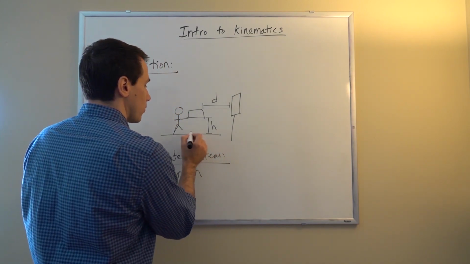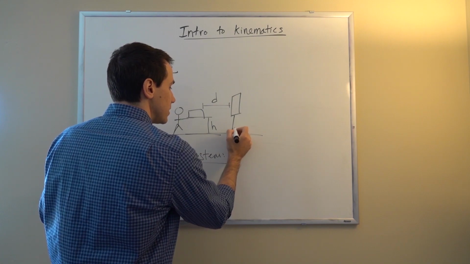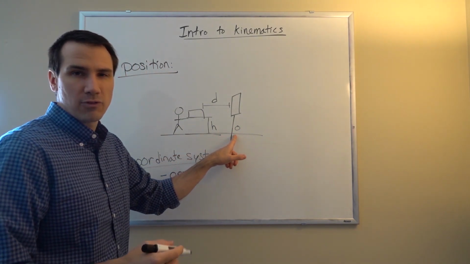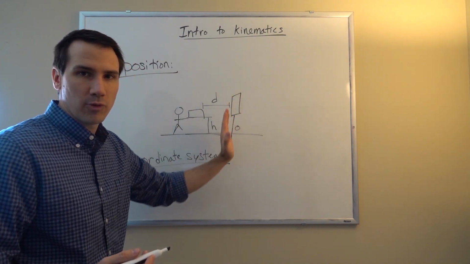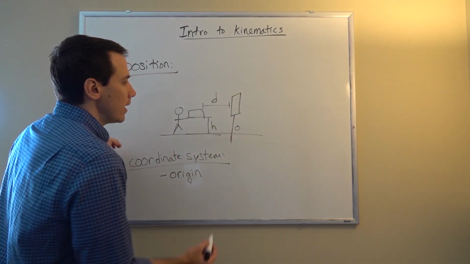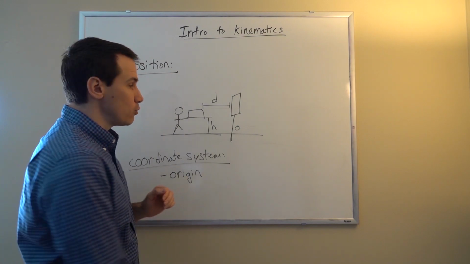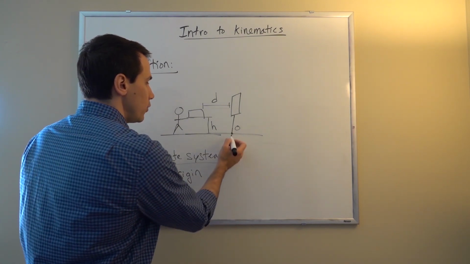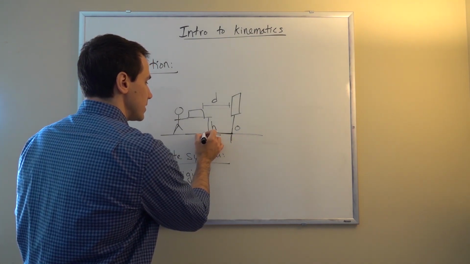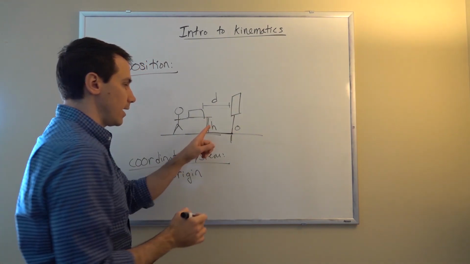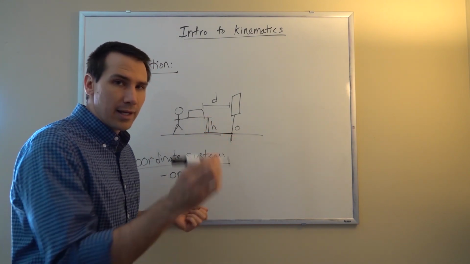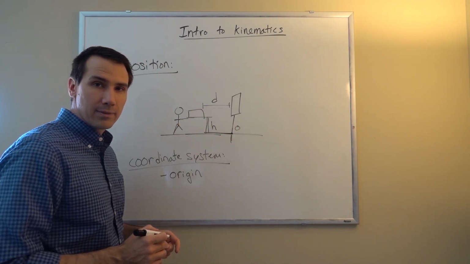So maybe in this one, our position 0 is here, at the kind of corner of the wall where the blackboard meets the floor, right? And so then you could tell your friend, well, if you start at the corner of the wall where the blackboard meets the floor, you have to move over some distance d and then up a height h. So maybe you move over 2 meters and up 1 meter, and then you will find the pen, right?